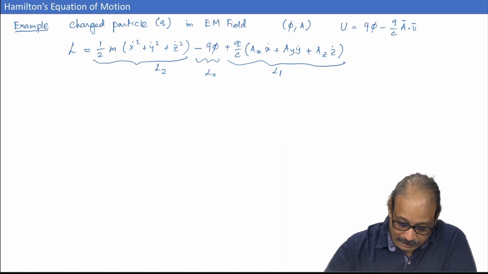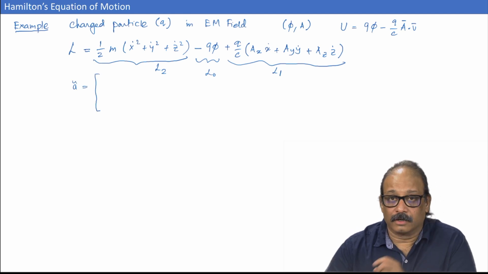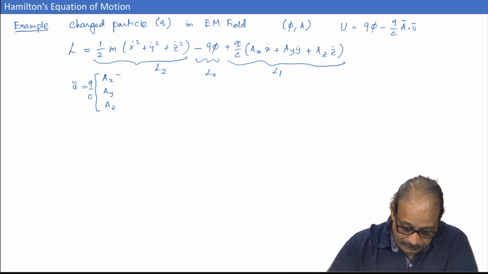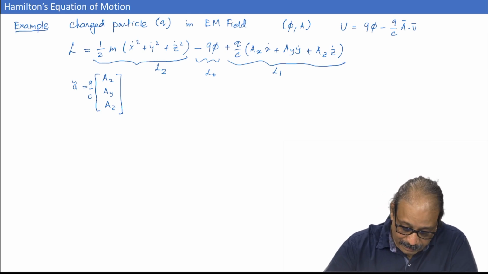Okay. And recognize various pieces there. So, the A tilde matrix is the coefficient of x dot, y dot and z dot. So, this is nothing but, there is a q by c outside, and I will write this as A x, A y and A z. Okay. This is your A tilde. And what is your T matrix?